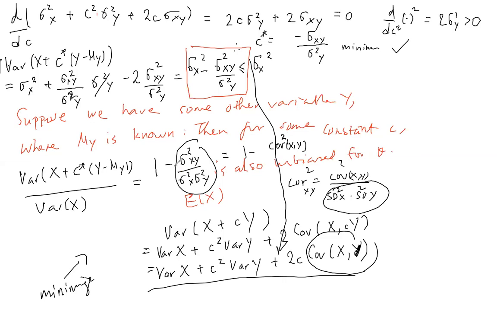This is a very interesting result, which is saying that if the correlation is close to 1, your variance reduction will be very strong, because then this will be close to 0. So this is the trick of how control variables are used.